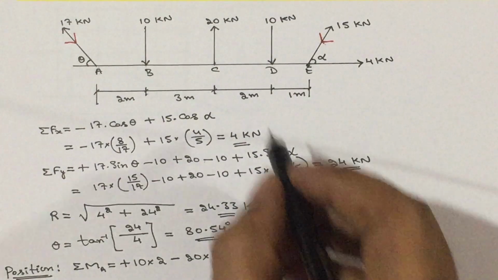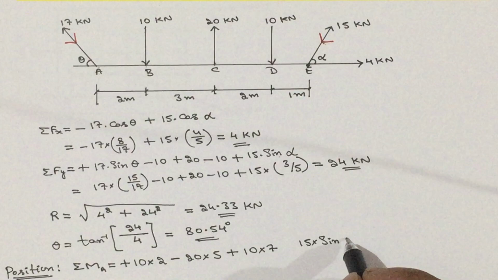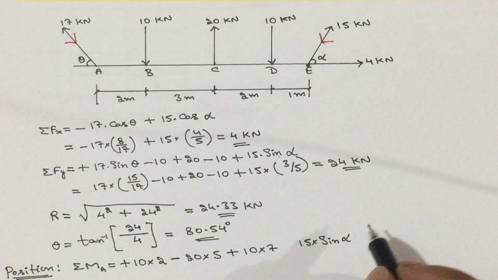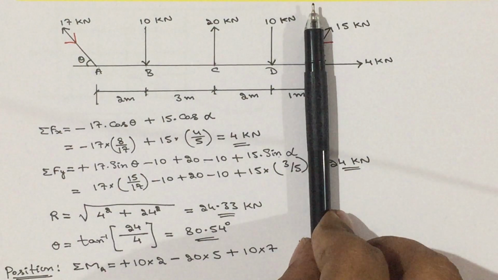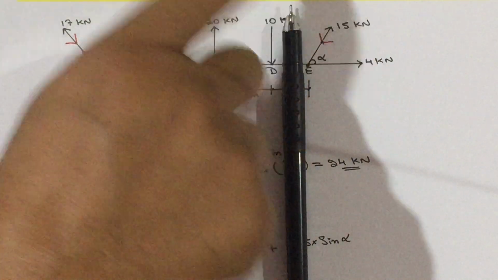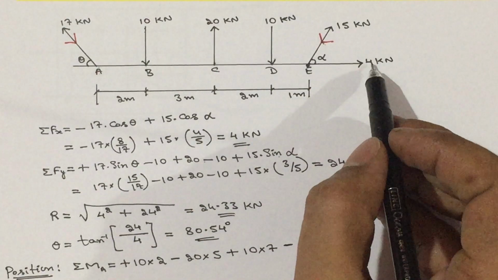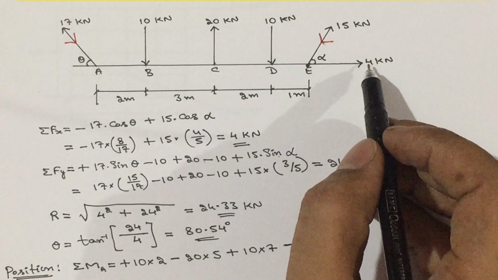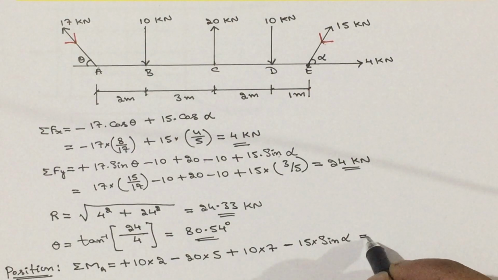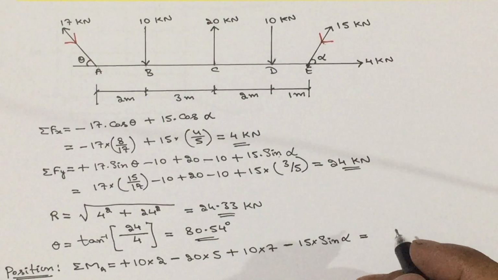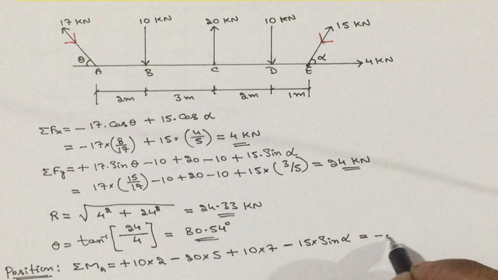Sine alpha is given in the problem as 3 by 5, and here the vertical component is acting like this. So if we rotate, it is rotating in the anti-clockwise direction, minus. Then horizontal force 4 kilonewton is also passing through the point A, so it will become 0. So if we calculate this one, we are going to get sigma MA as minus 82 kilonewton meter.